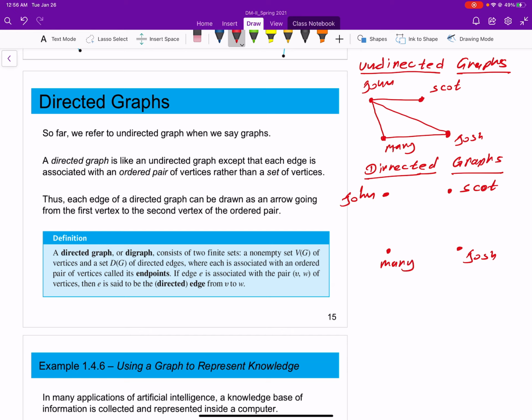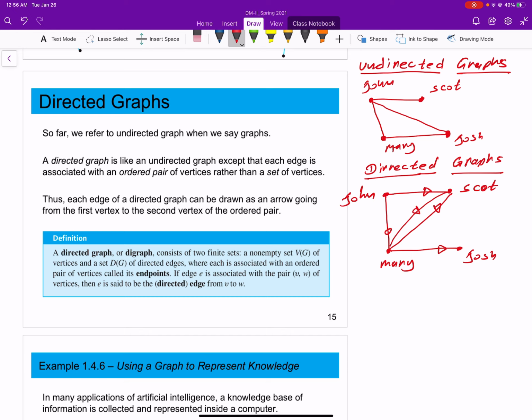Now think about a directed graph. This might be texting. John texted Scott, or maybe emailing. John emailed Scott and John emailed Mary. Mary emailed Josh and Mary emailed Scott. And then Scott emailed Mary.